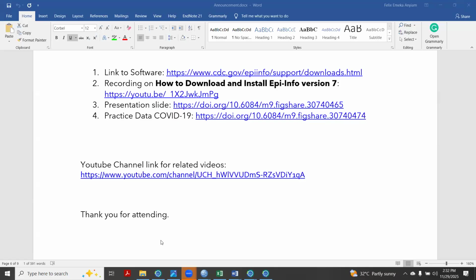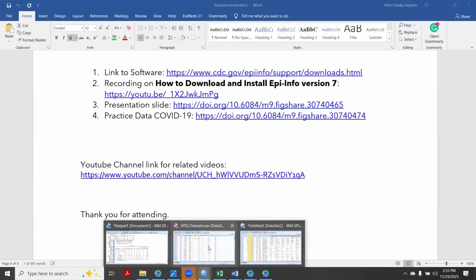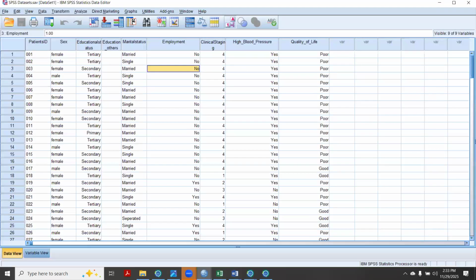We have to refer whether the reference category is good or poor. It's actually a good question, Muhammad. In this case, the one that is not your interest value is your reference. So for this one, our reference value will be good because we are interested in the poor.